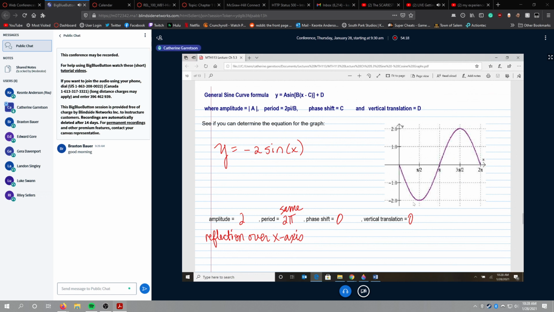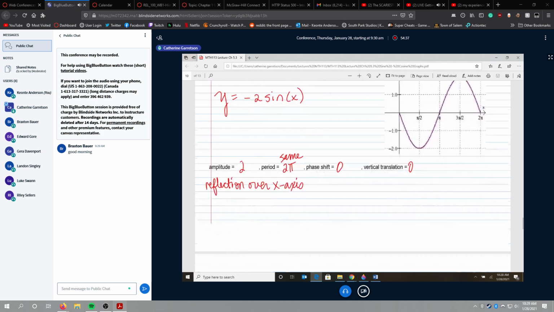But it changed the height of each curve. The amplitude is the height. It goes up 2 units. It goes down 2 units. The amplitude is 2. So do you see how to come up with these answers? They'll give you the equation and ask you to tell about it.